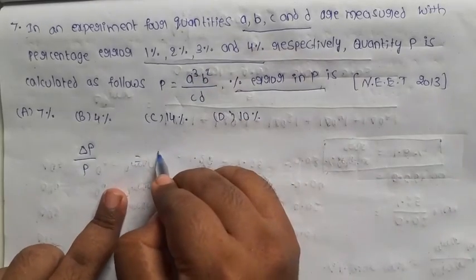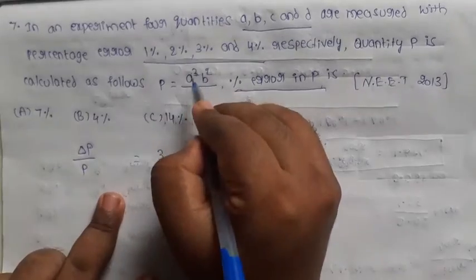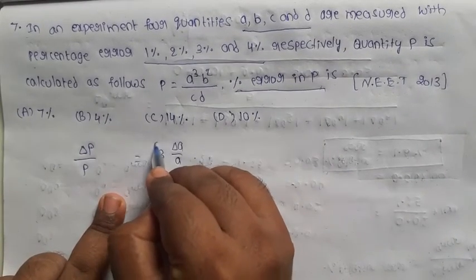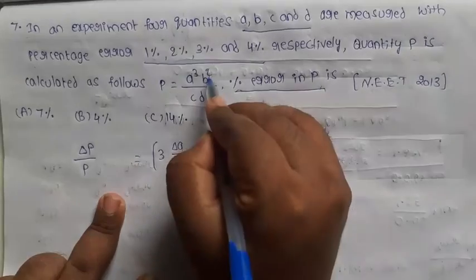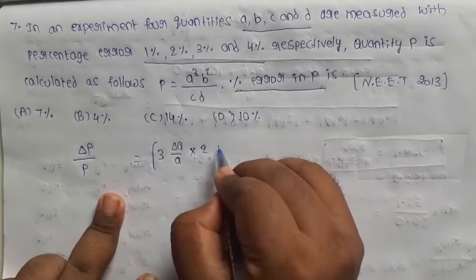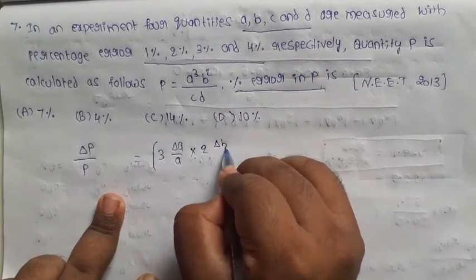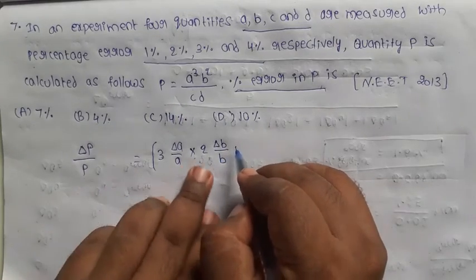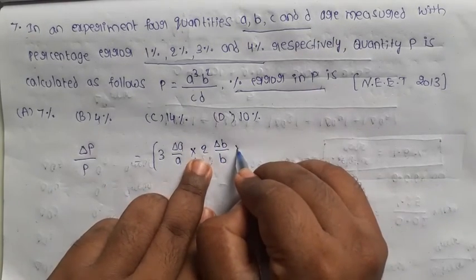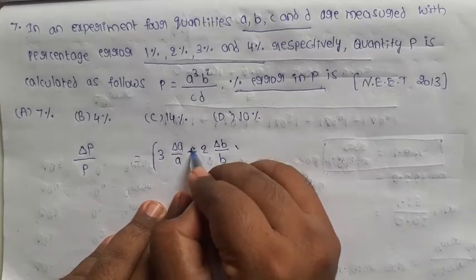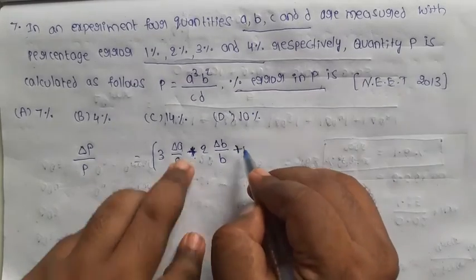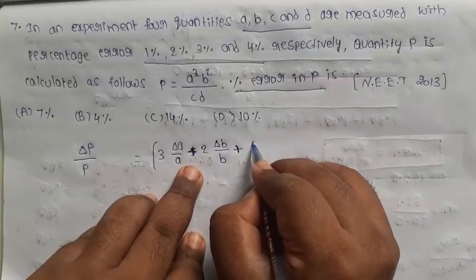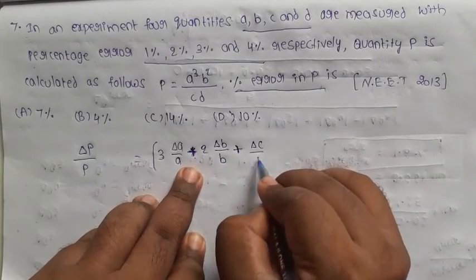First we have to write the power value, power 3 into error value by real value, delta A by A. Next 2 into delta B by B, error value by real value of B. Next here plus C. Here there is no power, so simply I am writing error value by real value.